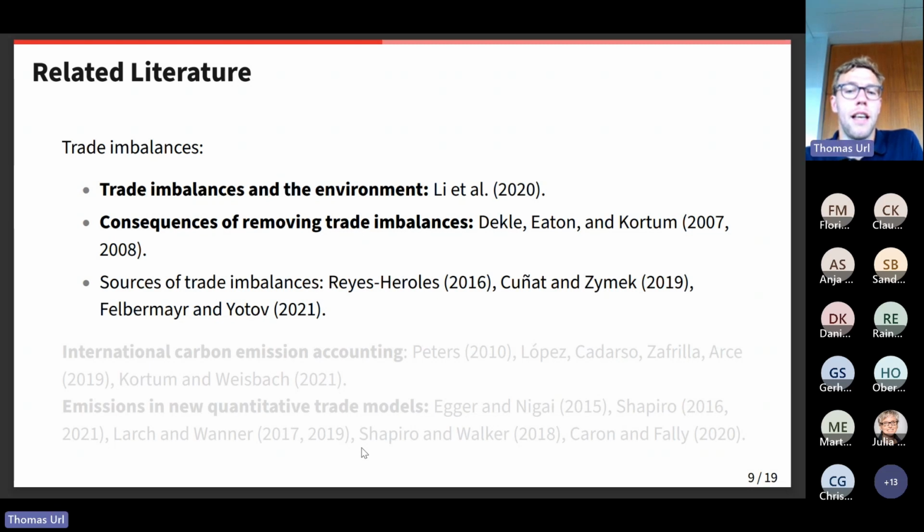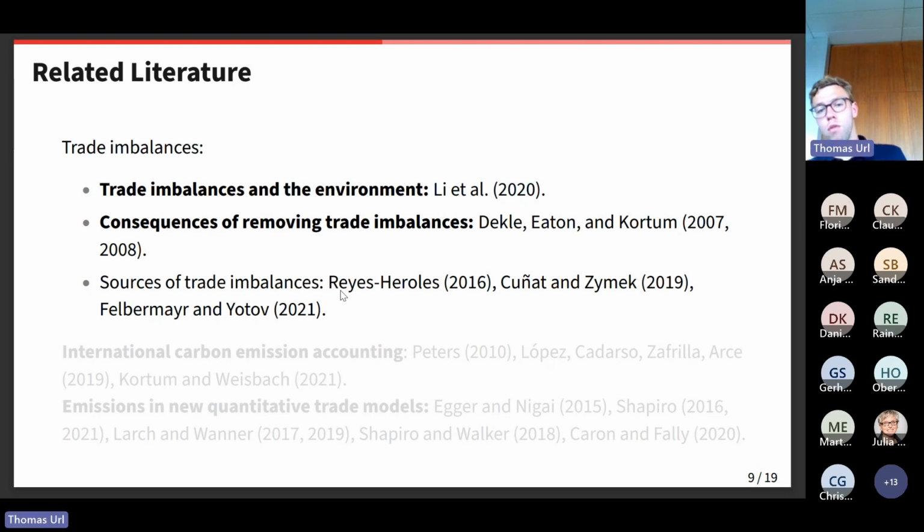There is one seminal paper on the consequences of removing trade imbalances, so we are not the first doing this: Dekle, Eaton, and Kortum, AER 2007, who looked into the welfare impacts of balancing trade.